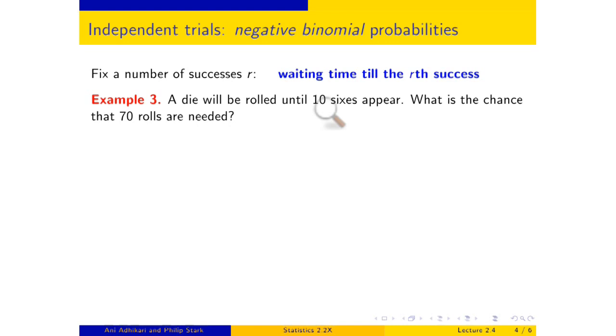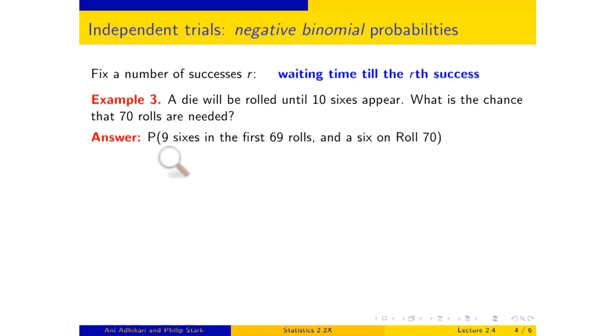That's highly unlikely, and then our event won't occur. Roll number 70 is not just any old 6. It is the 10th 6. So in rolls 1 through 69, how many 6s must you have had? That's right. You must have had 9 6s, and that's the observation that is key to solving the problem. The 10th 6 appearing on roll 70 is the same as getting 9 6s in the first 69 rolls, and then a 6 on roll 70.